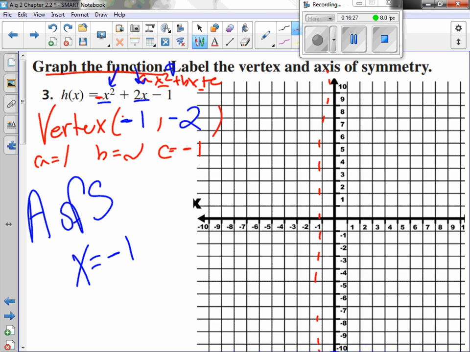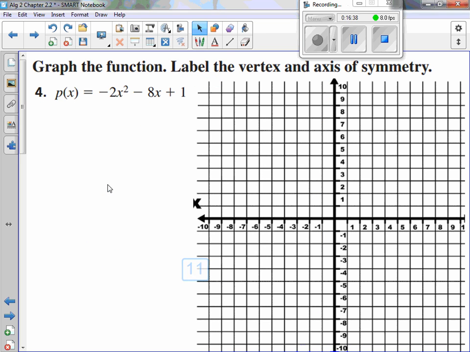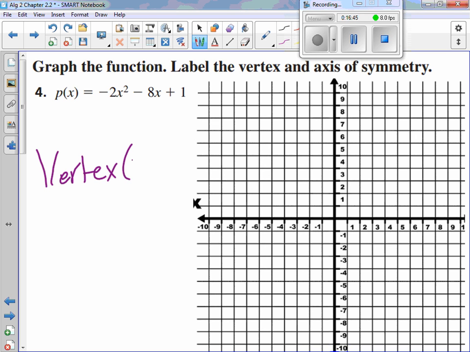Do y'all need to see another example of finding the vertex and axis of symmetry from standard form? One more? Let's look at one more. Let's look at this one here. So, vertex is negative b over 2a, and we have f of negative b over 2a.